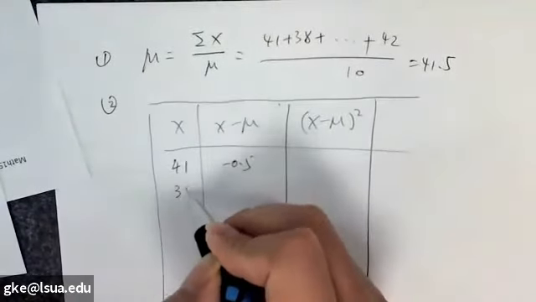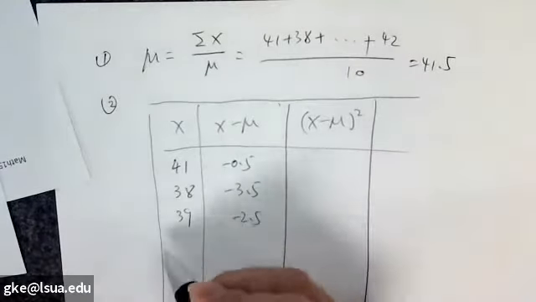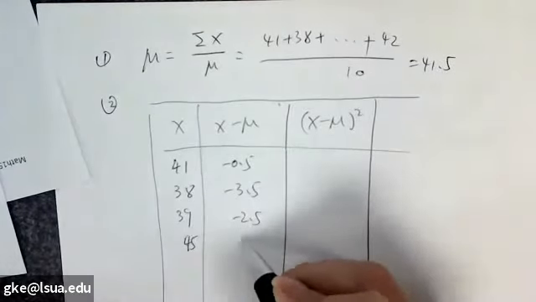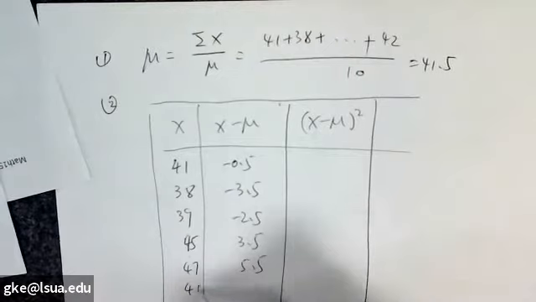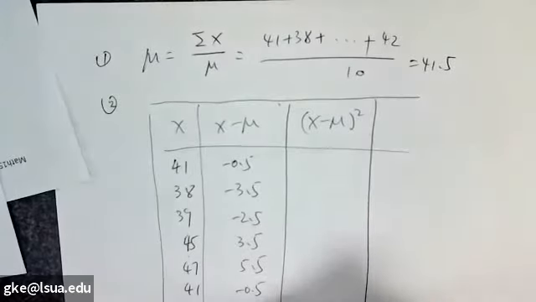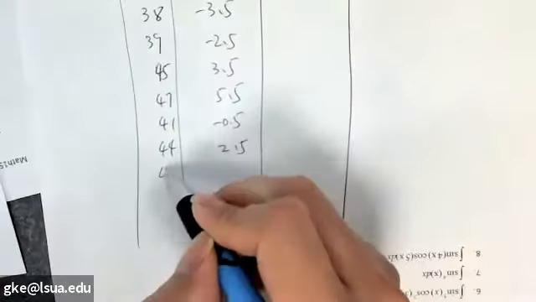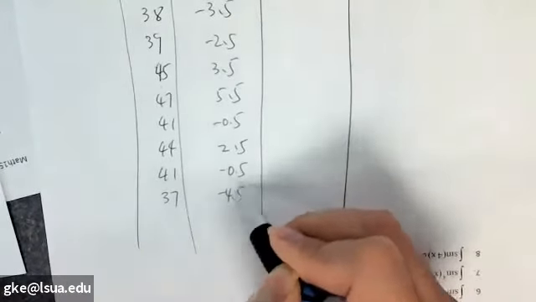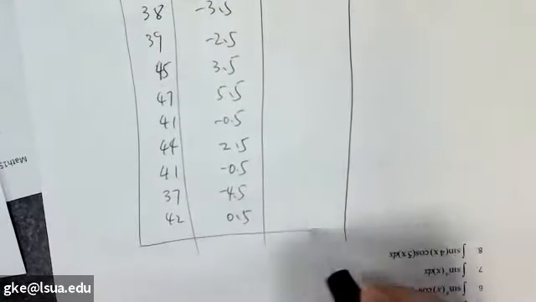So it's 38, 39, 45, 47, 41, 44, 41, 42. Okay, now what are we going to do?